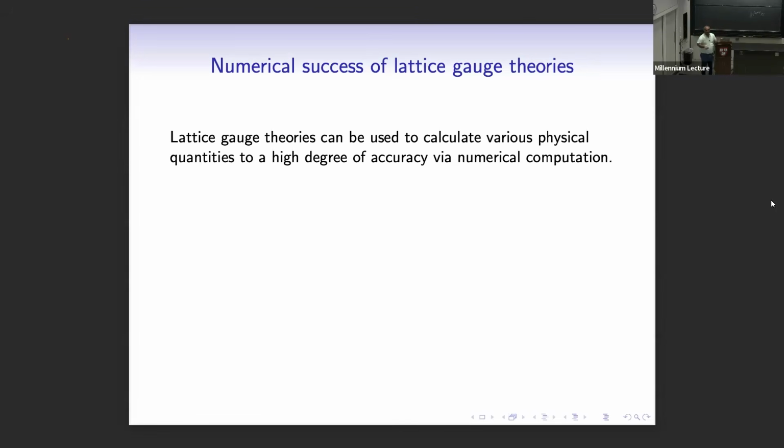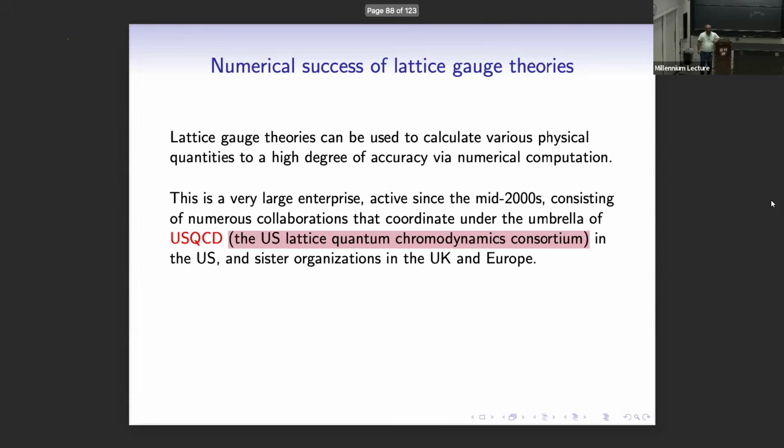You don't even have to go to the quantum theory. You don't know how to define the Euclidean Yang-Mills theory rigorously, but lattice gauge theories are well defined, so you can use them to do approximate numerical calculations. There is a huge enterprise that does that. It has been active, I think, since the mid-2000s, consisting of numerous collaborations, including the huge US Lattice Quantum Chromodynamics Consortium, and then there are organizations in the UK and Europe.